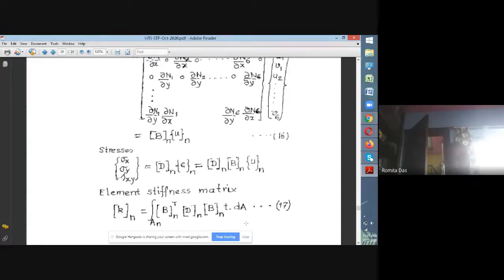But in this case, since Bn consists of terms which vary linearly with space variables x and y, you are going to have integration for the whole expression. This makes the evaluation a little difficult, and it means that you have to do the hand multiplication of the matrices and then evaluate term by term, which is costly.